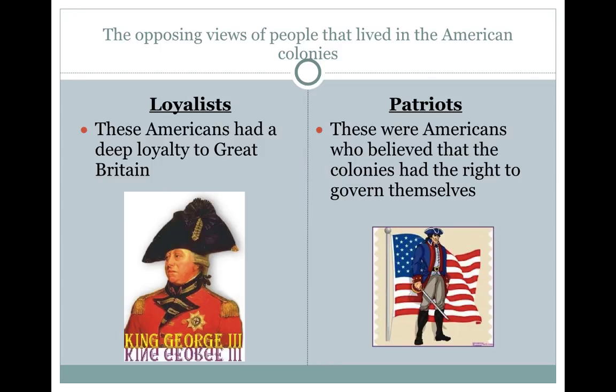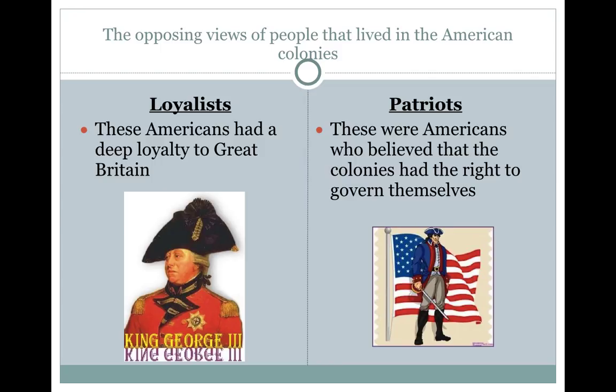So a couple of groups that we need to make sure we understand. Two terms that are crucial to helping us understand the things that led the United States towards independence. We've got a group called the Loyalists, and we've got a group called the Patriots. Now loyalists is exactly how it sounds.